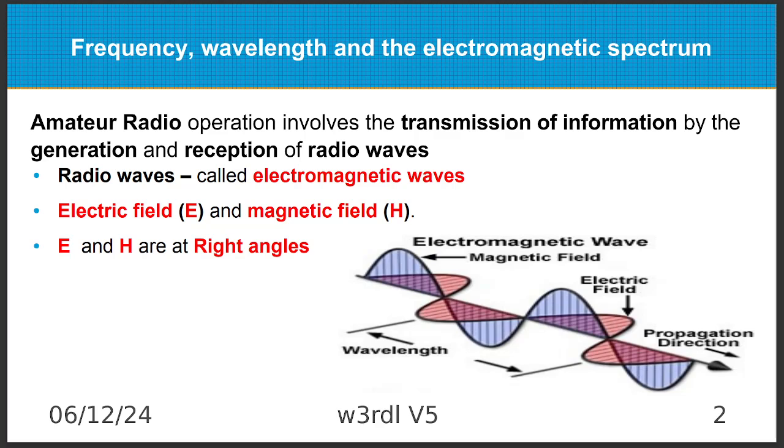You'll see that the magnetic field is the blue, the E field is the pink, and they are at right angles to one another, and they intersect at the 0 point, at the 0 reference.